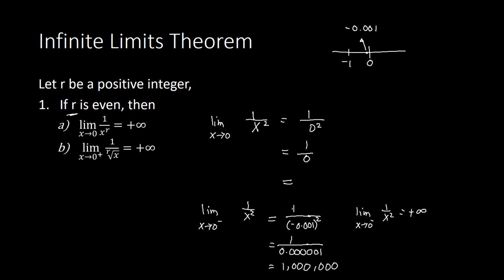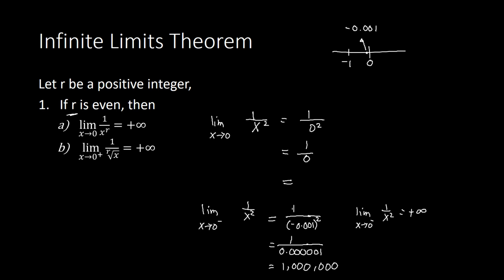Now, next, what we are going to do is to check whether we will still be getting the same value once we take the limit of 1 over x squared as x approaches 0 coming from the right side. So we will try to find that out.